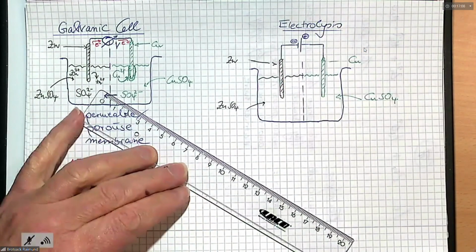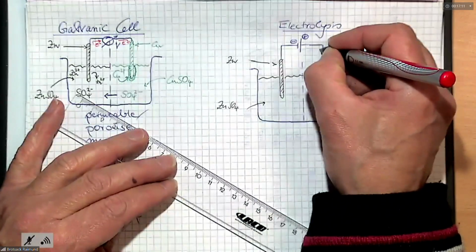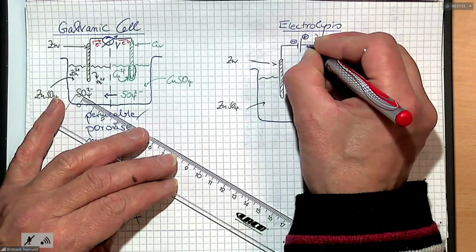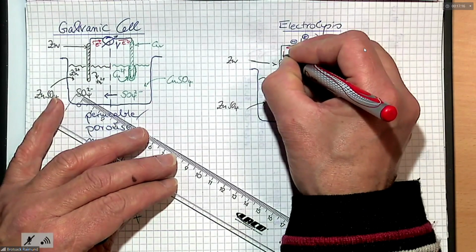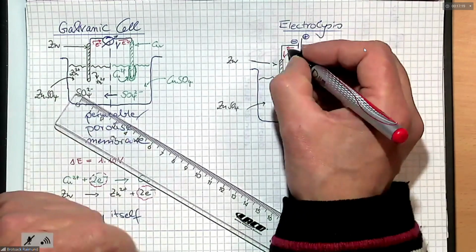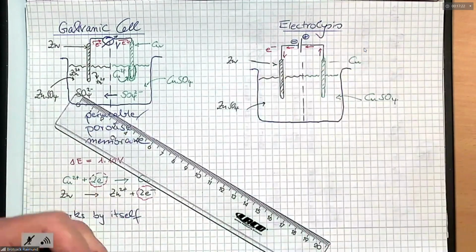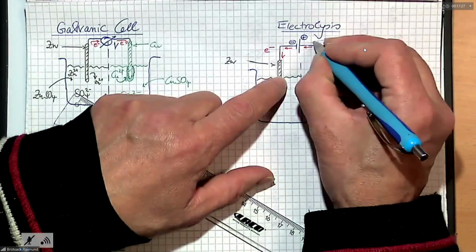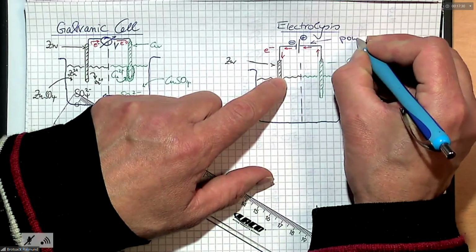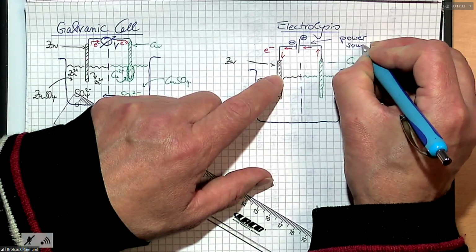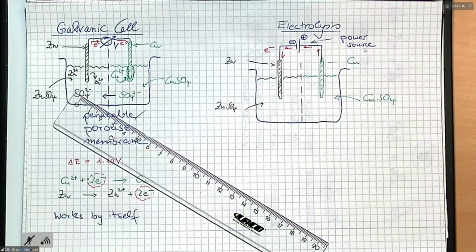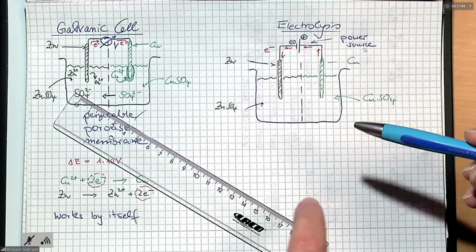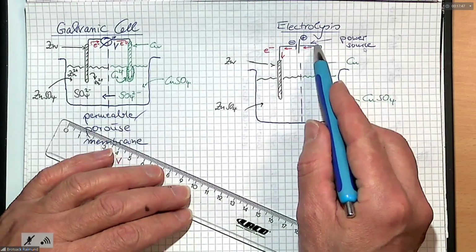So now we push electrons to move from the right to the left side. This is the power source. You can connect it to your socket, where we have electrical power. And now we operate the system that electrons come from the copper side to the zinc side.